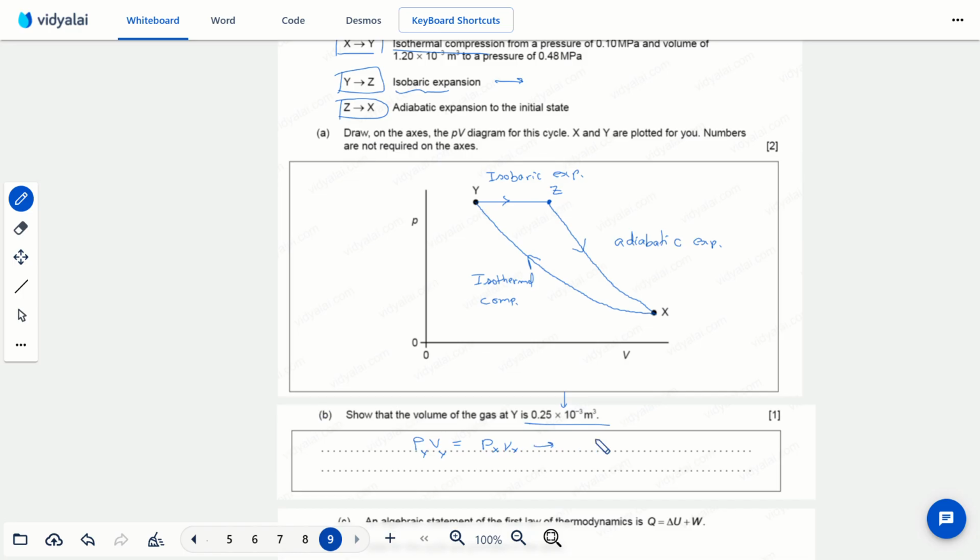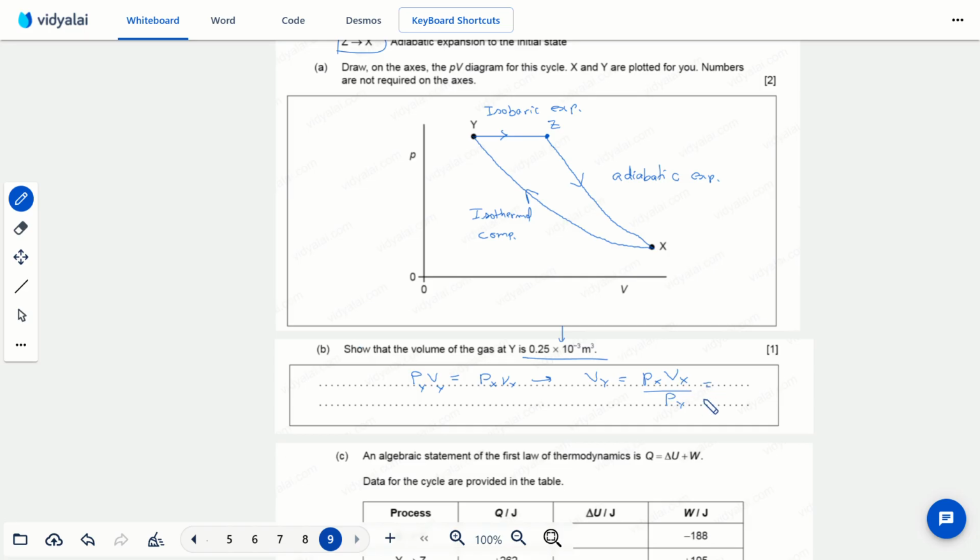We can rearrange this equation so that we get Vy to be isolated, and Px times Vx divided by Py is what we need.